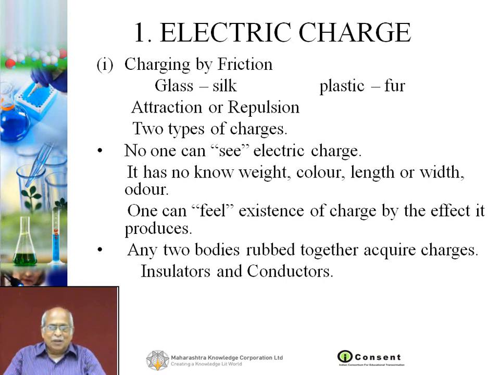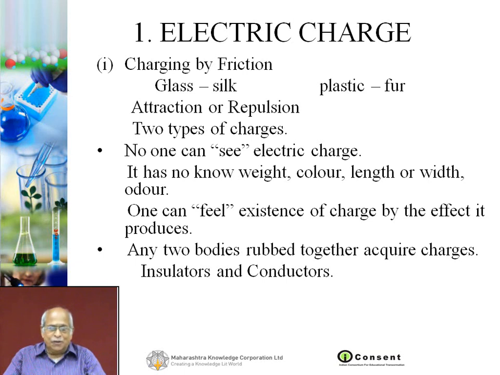In this way, through experiments, it was established that between opposite charges there is force of attraction, and between similar charges there is force of repulsion. As I said, charge can be produced on several bodies by suitable friction.